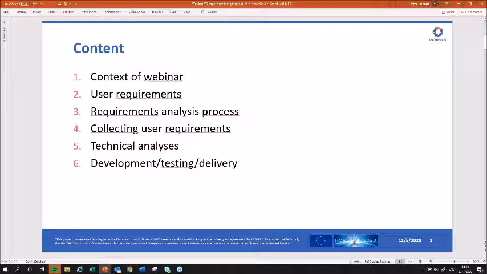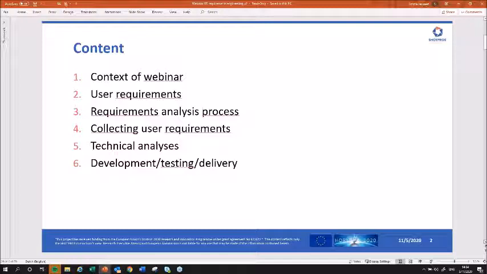Then I will briefly explain what user requirements are, and we'll go through the requirements analysis process with you. And then, of course, I will also tell a little bit about user requirements methods that we used in ShotPros and that can be used for other projects as well.